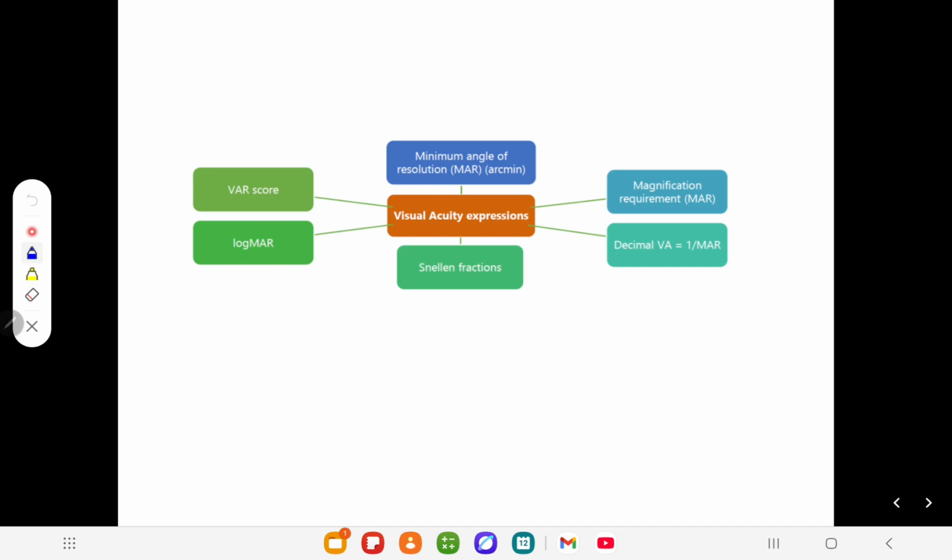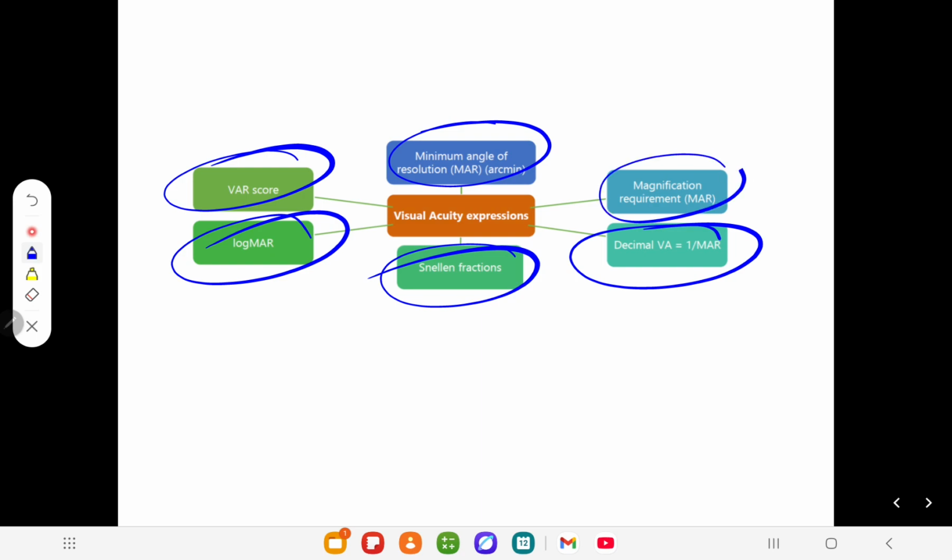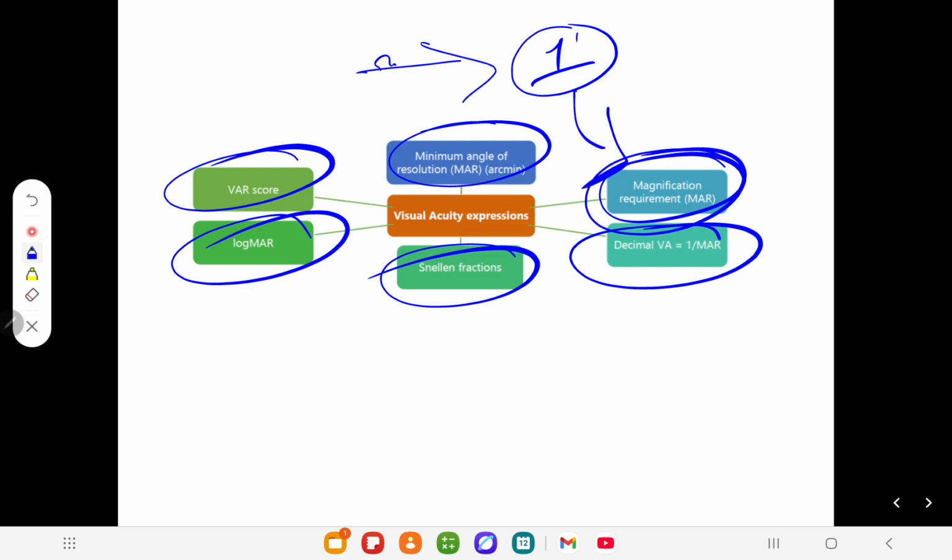So there are a lot of visual acuity expressions. I have told you already: decimal system, MAR, VAR, logMAR, Snellen's fraction, and sometimes you see magnification requirement. It means whatever the value of MAR is, if you want to make that equal to 1 minute of arc as the resolving capacity, that is the magnification requirement, but it's not much used in clinical cases.